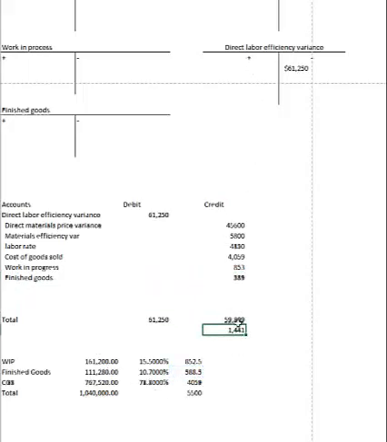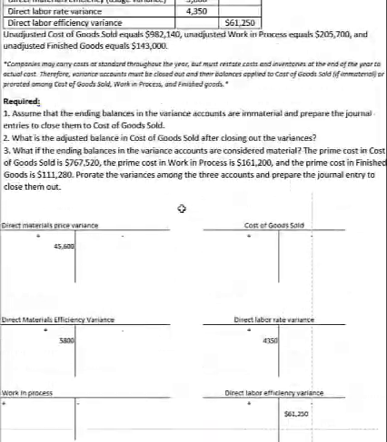If I adjust my formula here to pick up all these accounts, you'll notice my journal entry balances. Debits equal credits, and what I've effectively done is closed out all those variance accounts and appropriately applied the net variance amount to each of the three categories that might still have some of those costs lingering in those accounts.